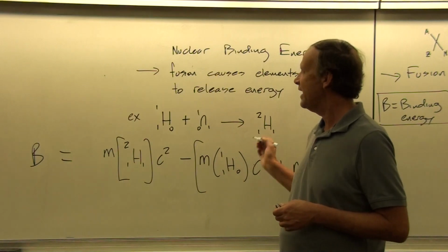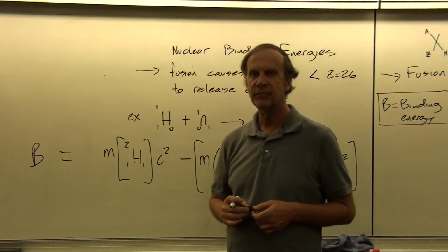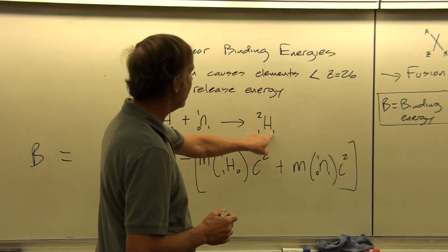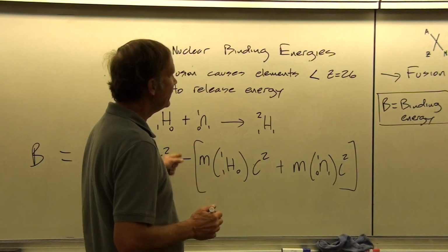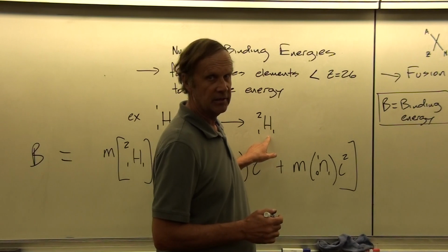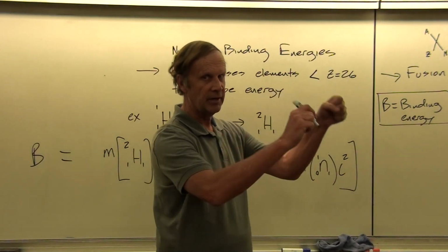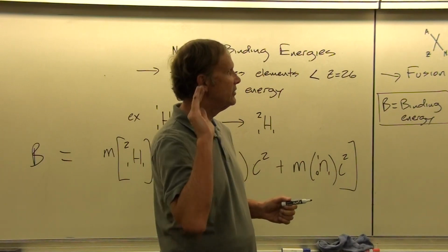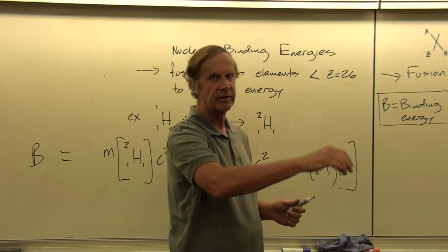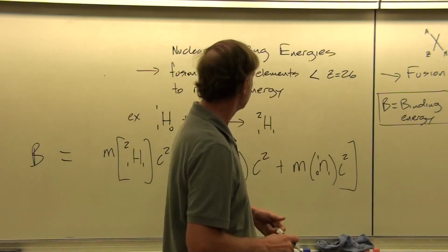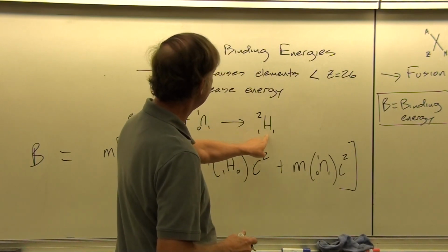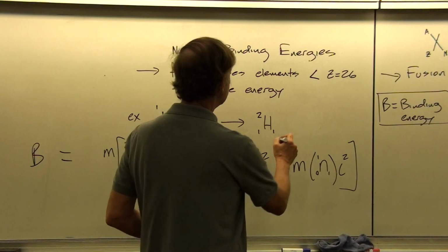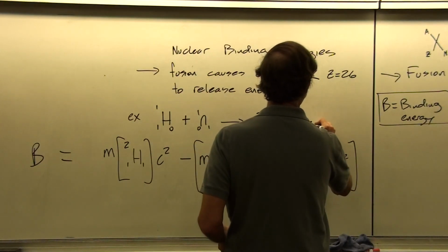It turns out that heavy hydrogen is stable. And so this will give off energy, meaning that we've gone to a lower energy state. This is like atomic transitions, where if an electron is in a higher energy state and it drops down to a lower energy state, it gives off energy. Well, this is going to happen here too. And so there's going to be energy released by this reaction.